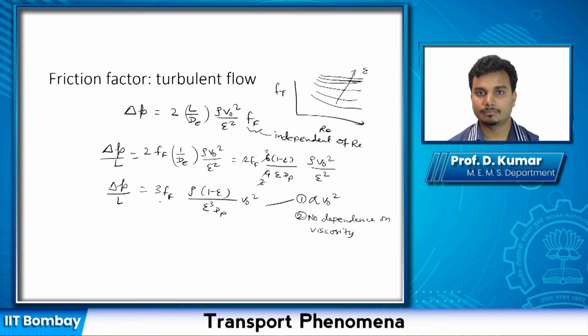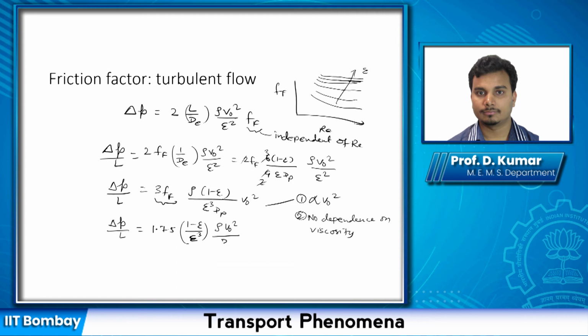So this is the only unknown that remains to be determined, and it has been determined experimentally. It comes out to be 1.75, times (1 minus epsilon) by epsilon cube, and then you have rho V naught squared.